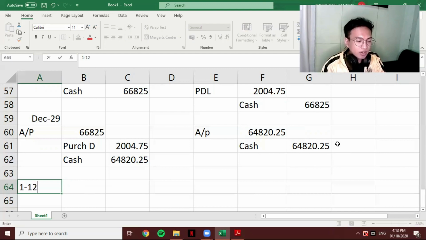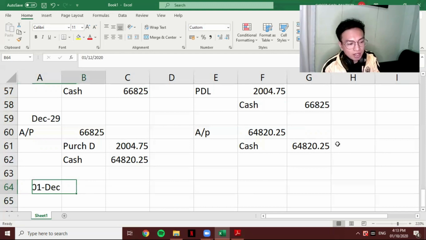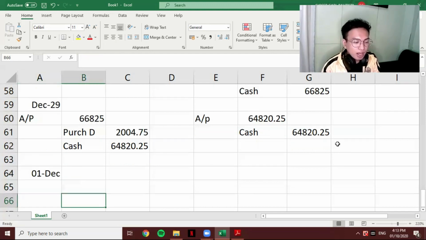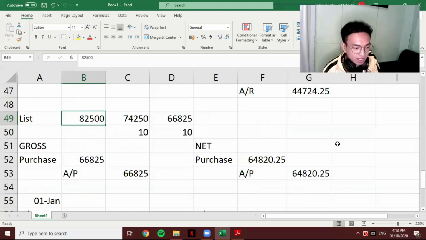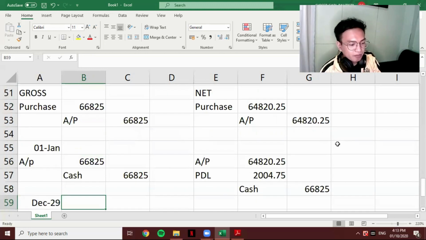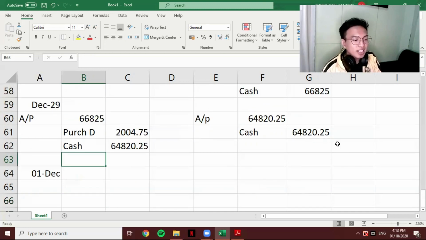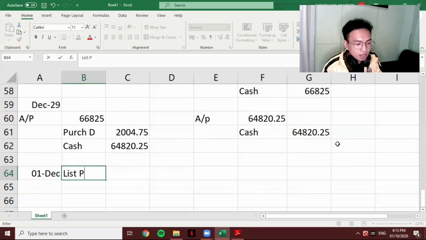nakita natin, or na-check na natin yung mga purchase natin. And sabi natin, our purchase, yan, list price of 82,500. Wag na natin pahirapan, no? Yan. Sige, pahirapan natin. Let's say you have a return amounting to list price. Yan. Amounting to list price na 12,000 pesos.